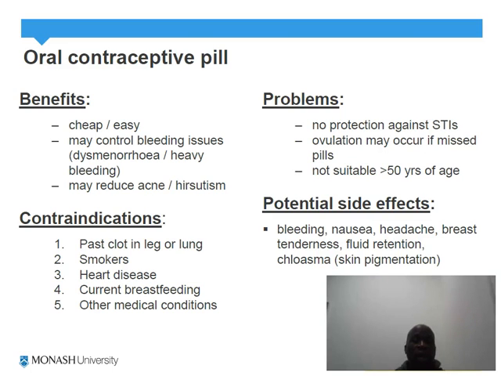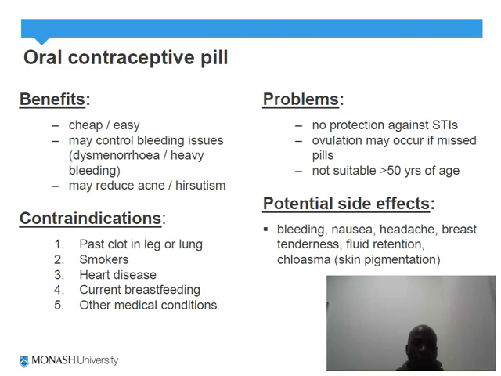Okay, and OCP is contraindicated, meaning it cannot be used, post-clot in leg or lungs. For example, a patient who develops clots in the legs and lungs cannot be given such a pill.